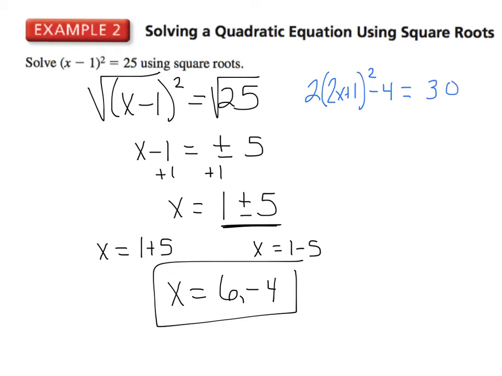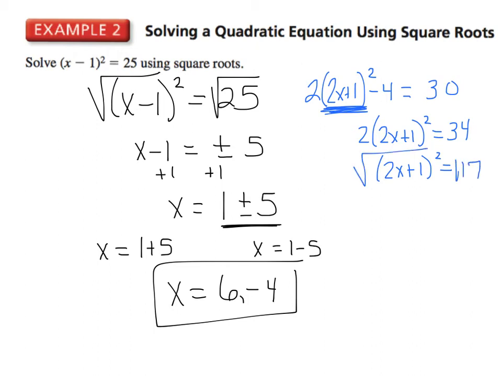Step 1. Get the squared by itself, which means I want to get all of this by itself, which means I add 4. So I'm going to add 4 to both sides. That gives me 34. Then I'm going to divide both sides by 2. 2x plus 1 squared equals 17.